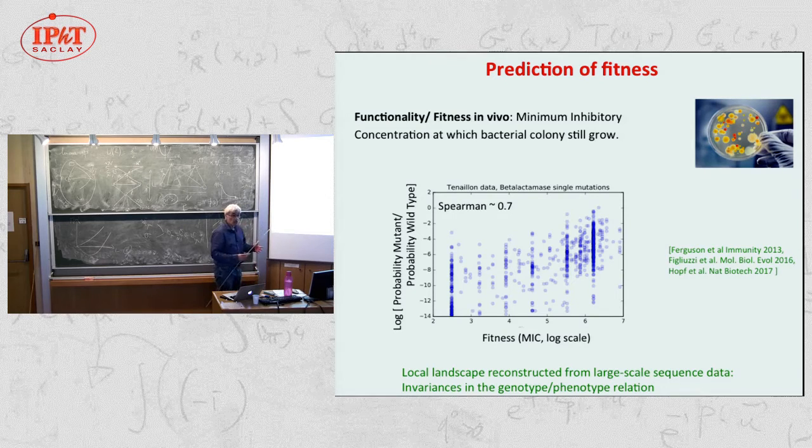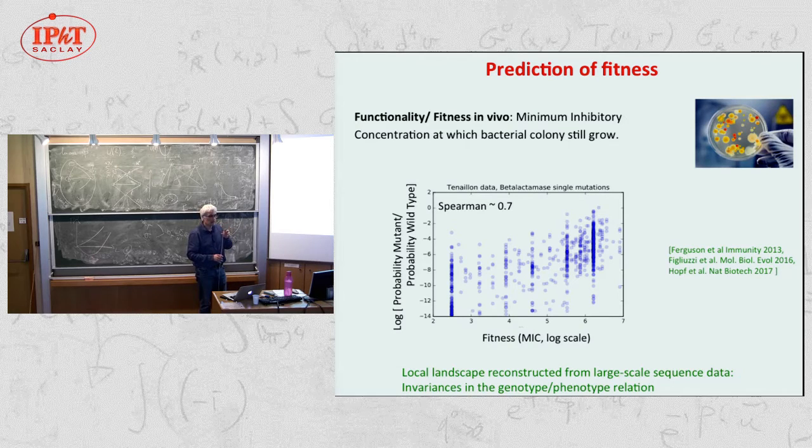It depends on the protein you want to modify. So here the protein is actually a nasty protein called a beta-lactamase. It's a very important protein for antibiotic resistance. This protein is actually conferring antibiotic resistance to bacteria, to some class of antibiotics, because it cleaves some parts of the antibiotics.